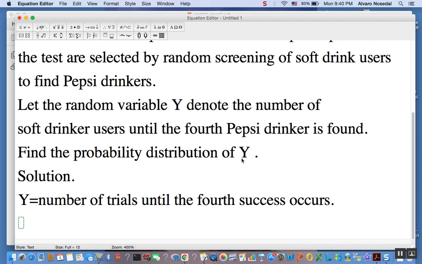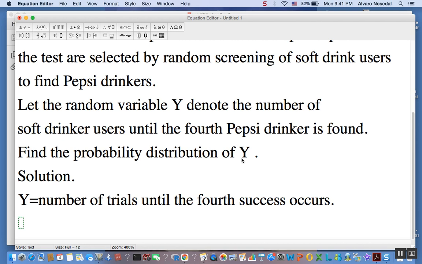Again, let me remind you, when we ask for the probability distribution of a random variable, what we want is a list of possible outcomes with the corresponding probability. We either provide a table, which is convenient when we have a finite number of possible outcomes and they are not too many, or we provide a formula.